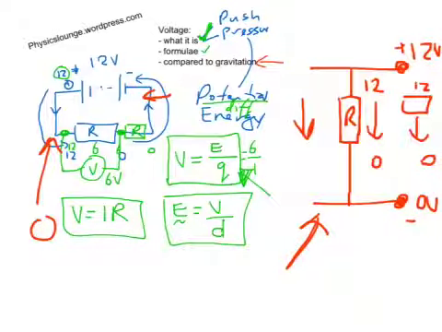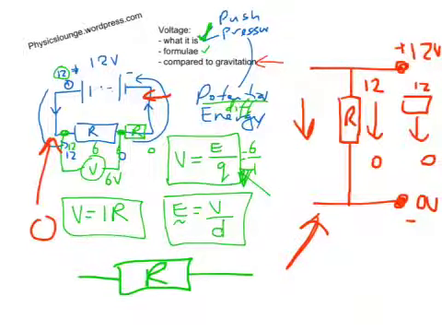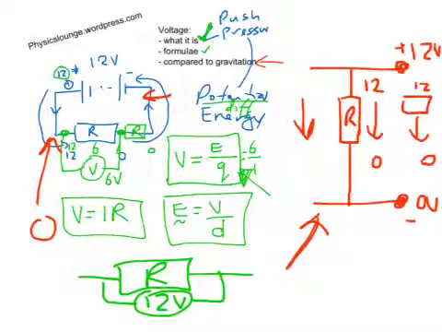And one final thing is, just because there's a 12 volt drop, if we just consider a single resistor with a 12 volt drop across it, between there and there, that doesn't mean that we're going from 12 to 0.